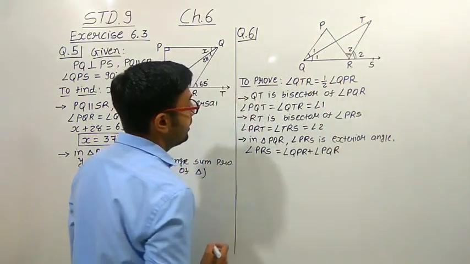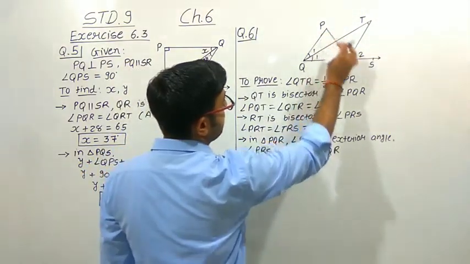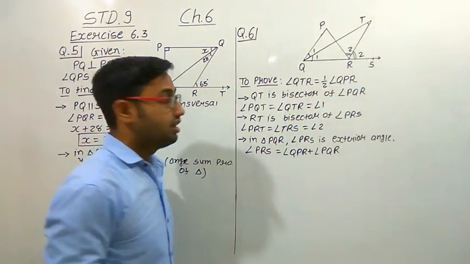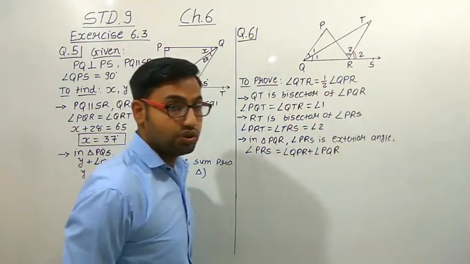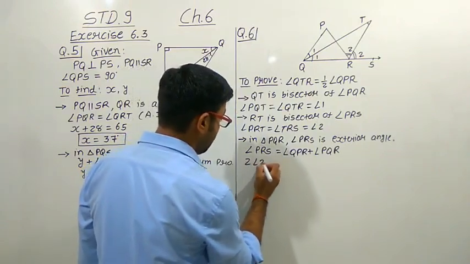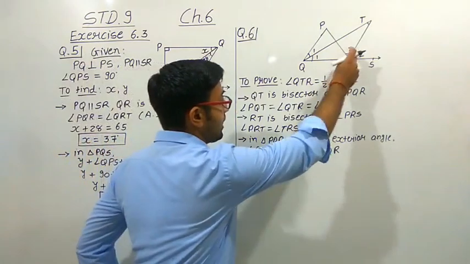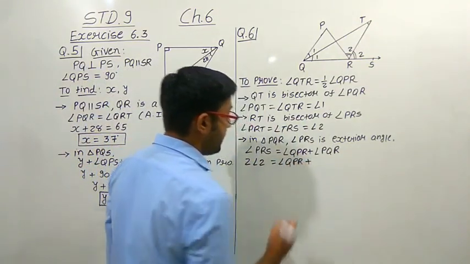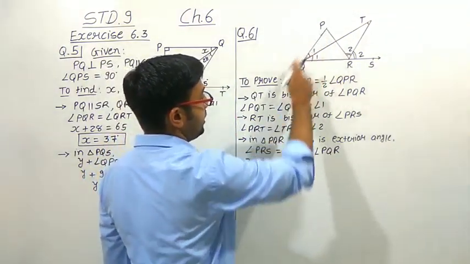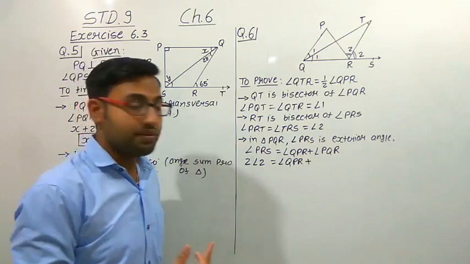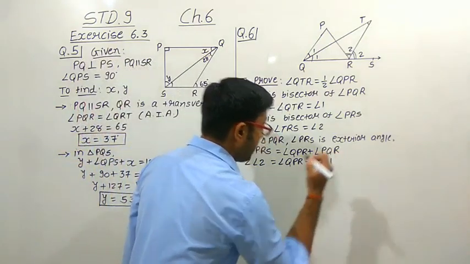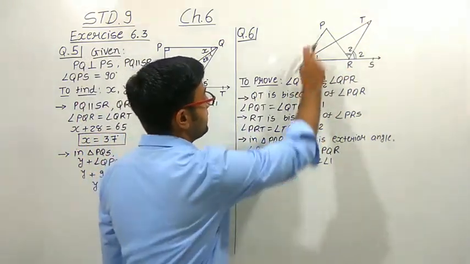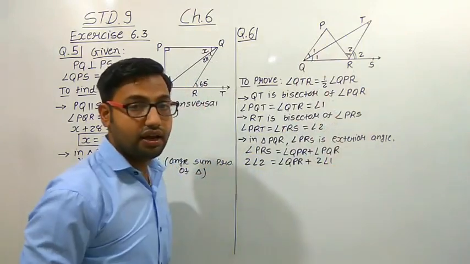Now see, angle PRS is the addition of two same angles, that means angle 2 plus angle 2, that means 2 times angle 2. Angle QPR we keep as it is, and PQR is again the addition of two same angles, that is 2 times angle 1. So PRS is 2 times angle 2, and angle PQR is 2 times angle 1.